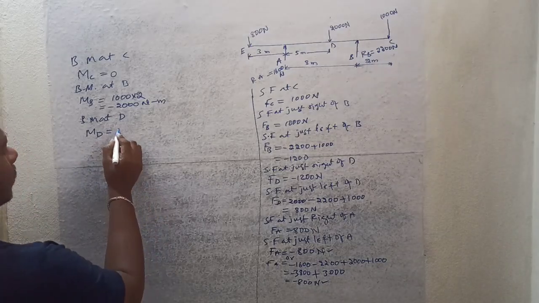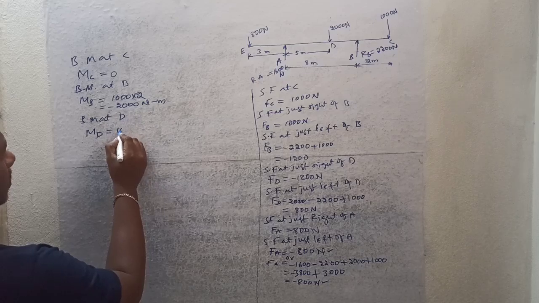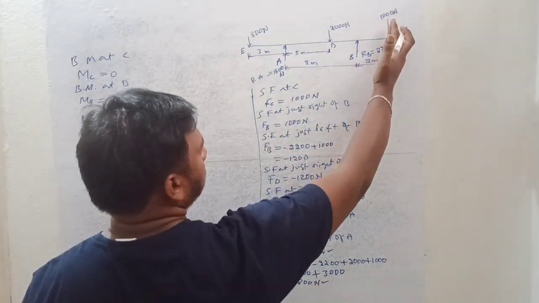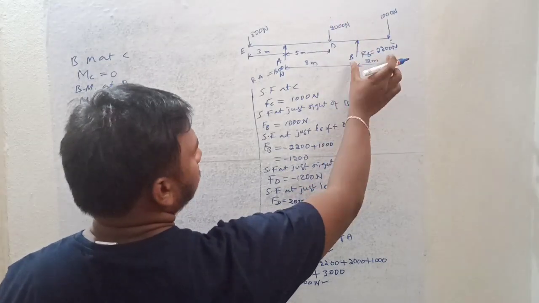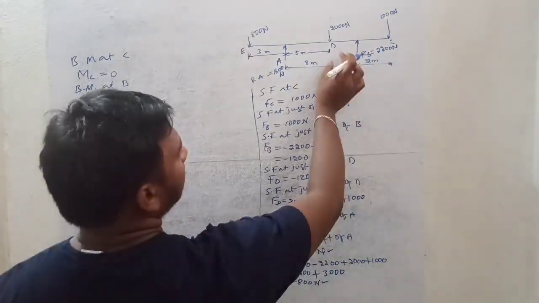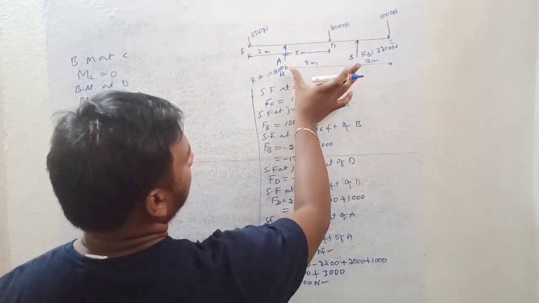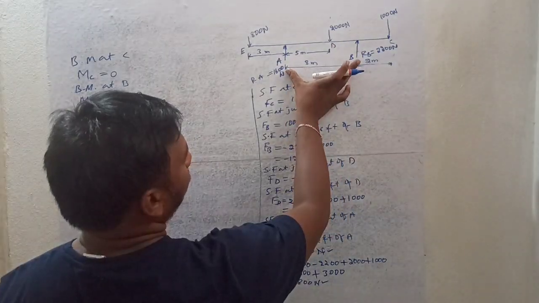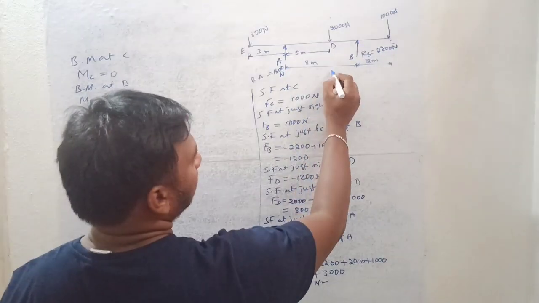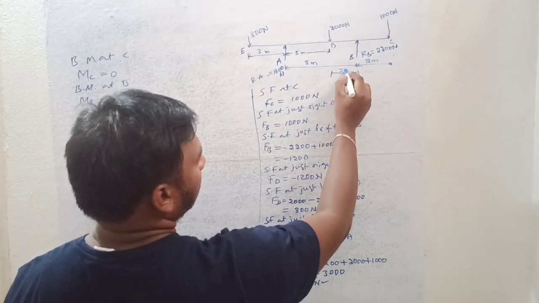It will be equal to 1000 into distance, this force into distance up to D. What is from here to here? It is 2 meters and remaining distance will be 3 meters. Why? Because the distance between A and B is 8 meters and up to D it is 5 meters. Remaining distance will be 3 meters, right?